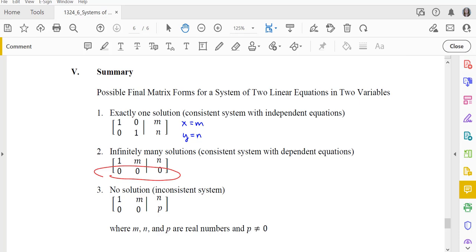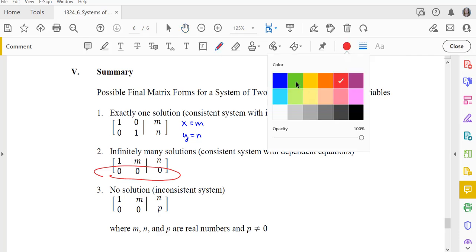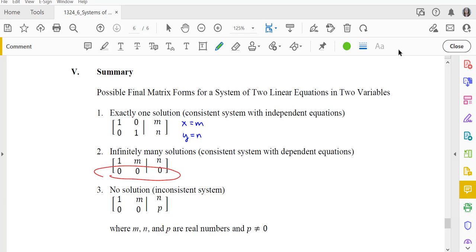And that's because you have a row of all zeros. Okay, the third situation, you've got 0 equals p. So 0 equals a number that's not 0. That's going to give you an inconsistent system, and you're going to say that there is no solution.